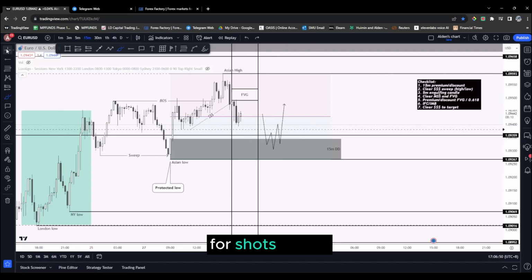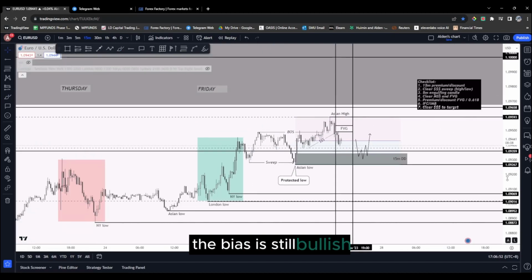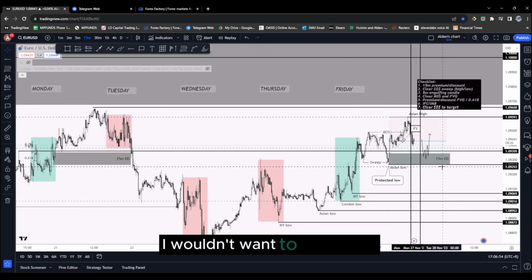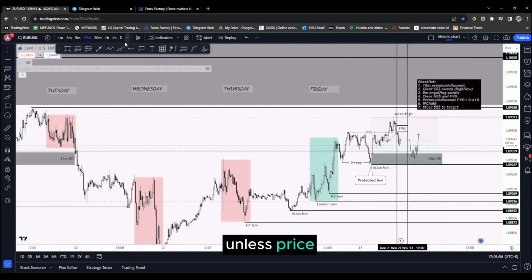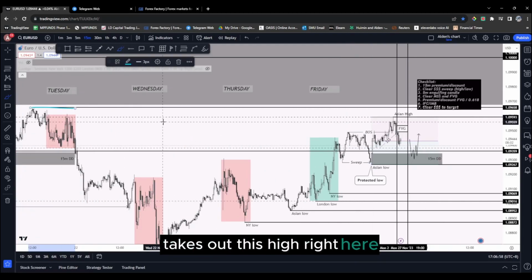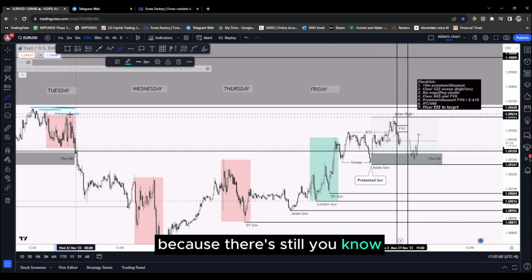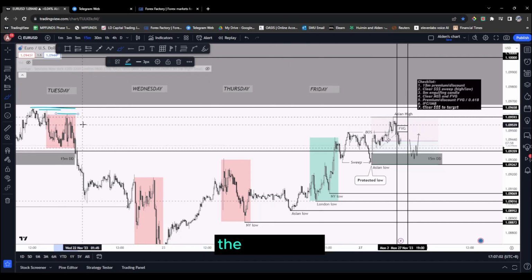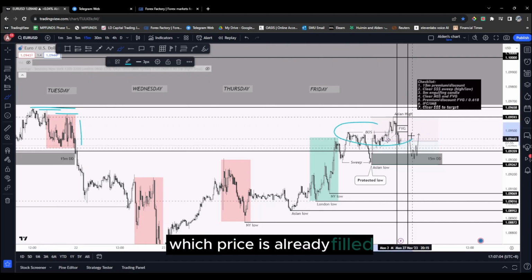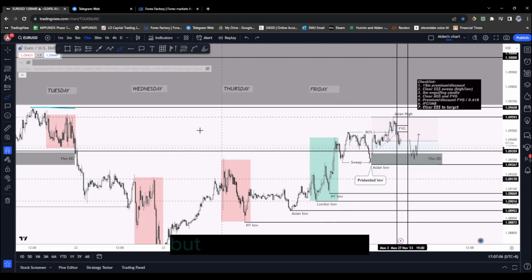For shorts, the bias is still bullish, and I wouldn't want to take shorts unless price takes out this high right here, because there's still significant levels of liquidity here. There's significant imbalance here, which price has already filled in this region, but there's still liquidity here.